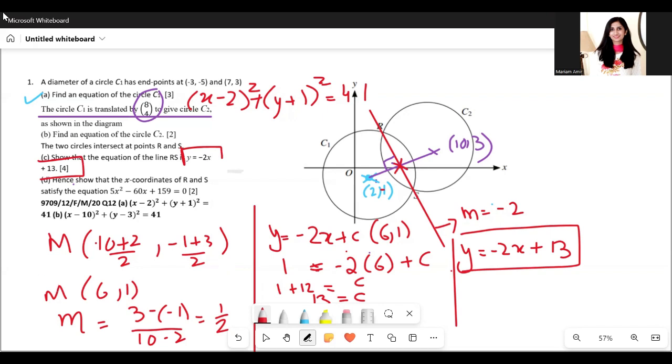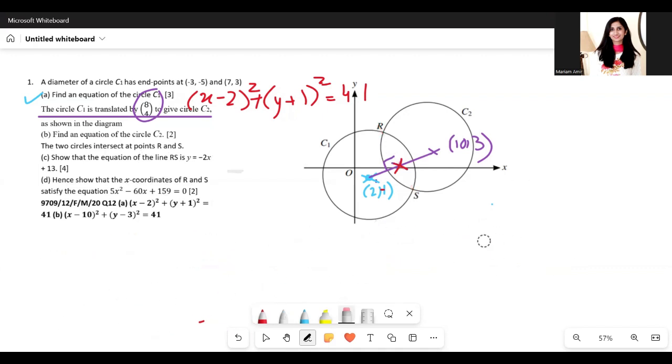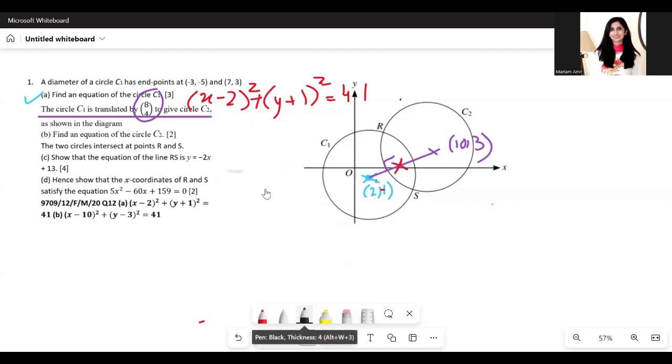Last part. Okay, last part is to show that the x coordinates of R and S satisfy this quadratic equation.